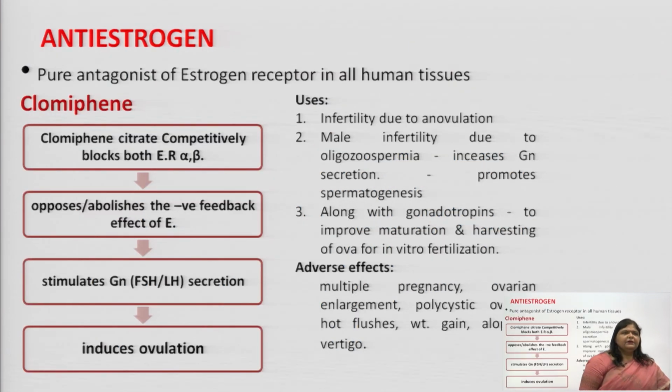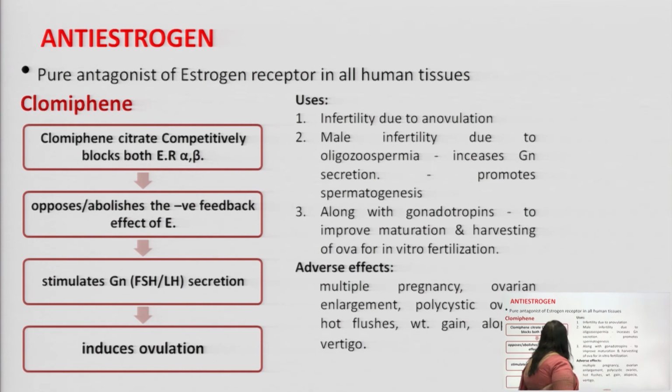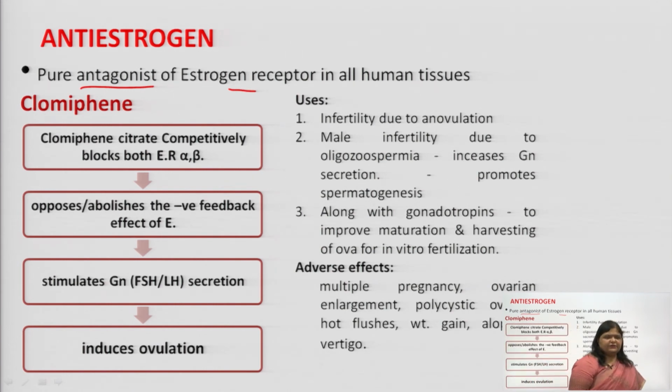Then another class of drugs is the anti-estrogens. Now, what do we mean by anti-estrogen? Anti-estrogen means that these drugs are pure antagonists of estrogen receptors. In the earlier SERMs we saw that the drugs could be either agonist or antagonist.